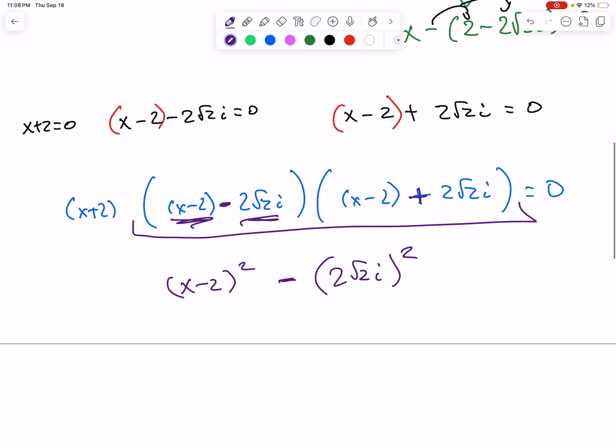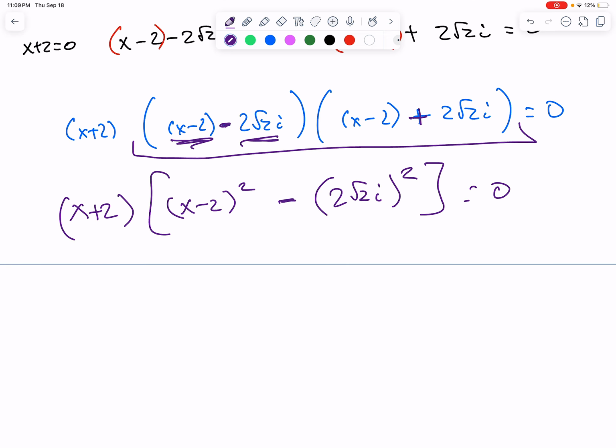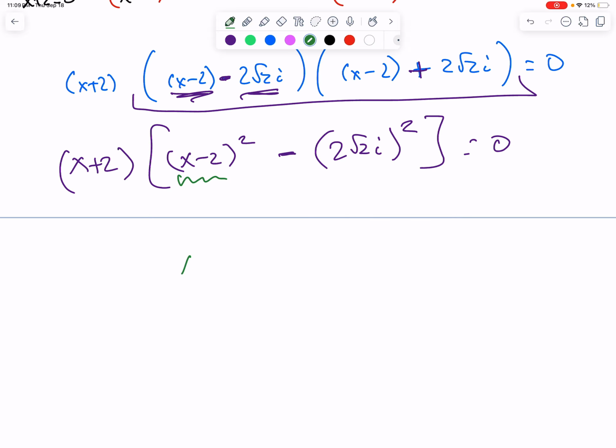Okay? And then we have the x plus 2. From here, we can factor this out. That's just x minus 2 times x minus 2, so that becomes x squared minus 4x plus 4. Minus, and this is the interesting part, this one right here becomes squaring each part.